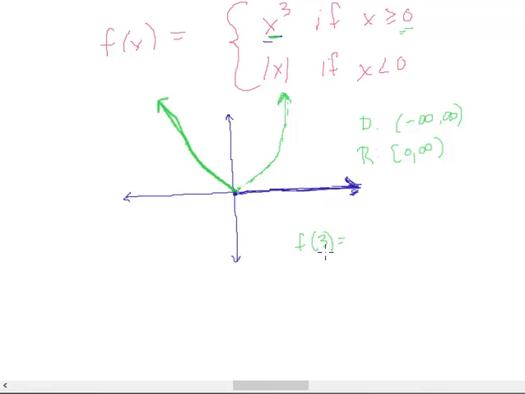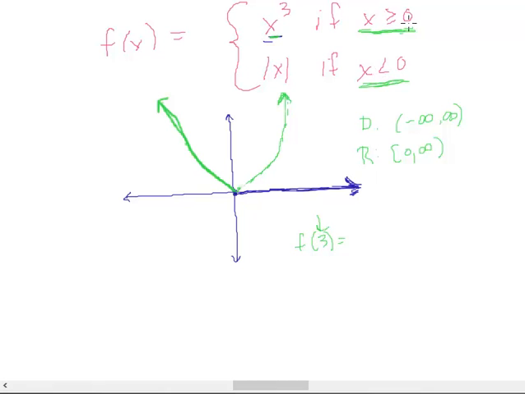So f of 3. So what does that mean? That means when x is 3, what is f of x? So I need to consider this piece of the function. This indicates what the function is for x values greater than or equal to 0. This indicates the function for x values smaller than 0.